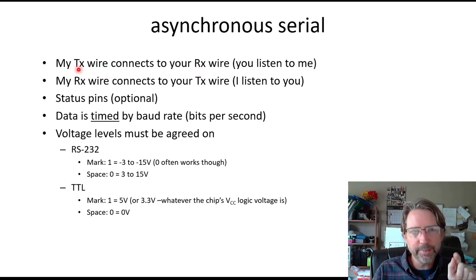So you don't connect TX to TX and RX to RX if you're trying to connect your GPS to your Arduino. TX connects to RX and RX connects to TX. So you're listening on RX, they're transmitting on TX, you're talking on TX, and they're listening on RX. So make sure you connect these the right way, or else it won't work at all.